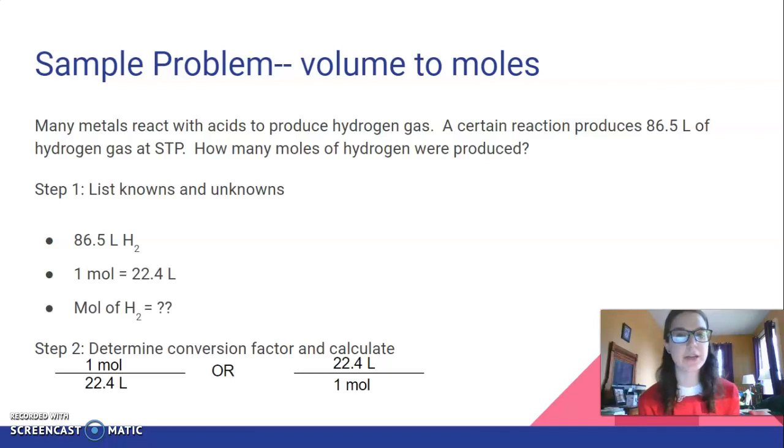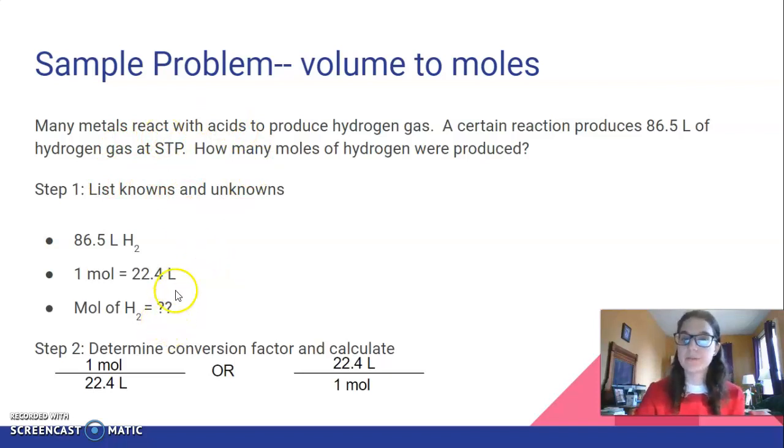Our first step is to list our knowns and our unknowns. We know that we produced 86.5 liters of hydrogen gas, H2. It's H2 and not just H, because remember, hydrogen is one of the 7 diatomic elements. We also know that 1 mole of gas at standard temperature and pressure, which this problem states, is equal to 22.4 liters.